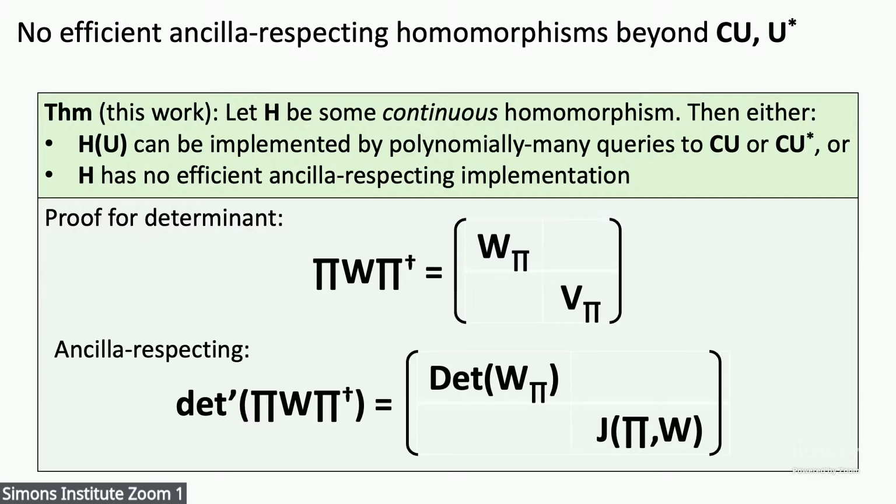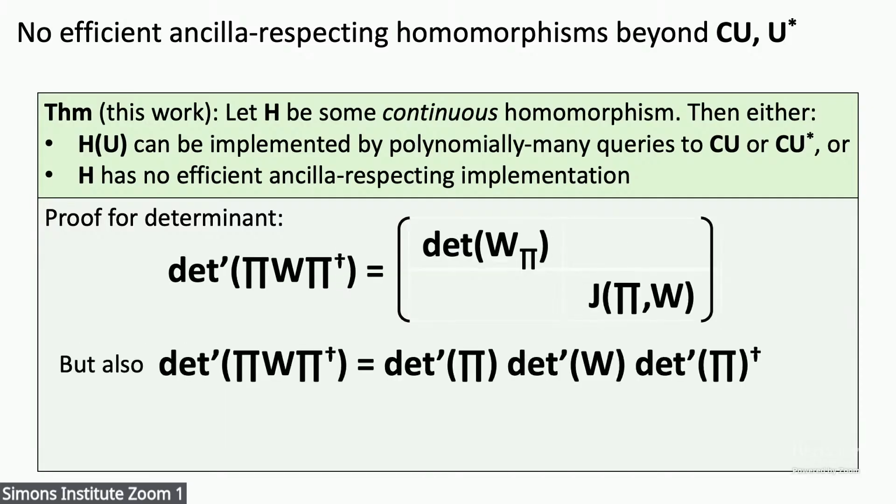And now, because I have this hypothetical ancilla respecting determinant, what does ancilla respecting mean? It means that when I apply this homomorphism to this unitary, I'm exactly going to get the determinant of W pi here, and some junk here I don't care about. All right? But also, det prime is some homomorphism that I'm applying, gate by gate, let's say.